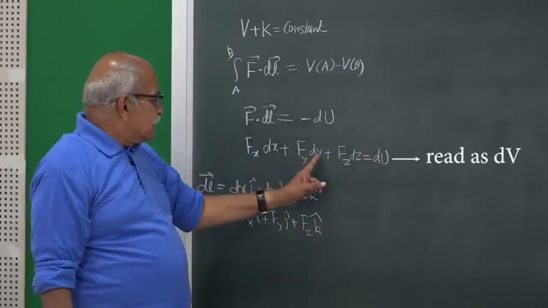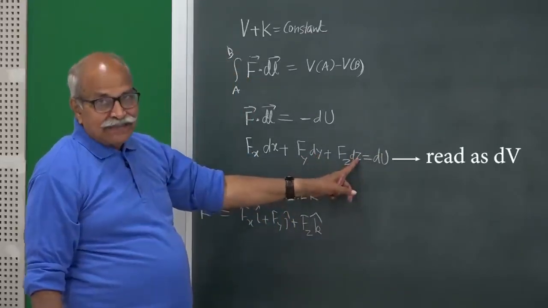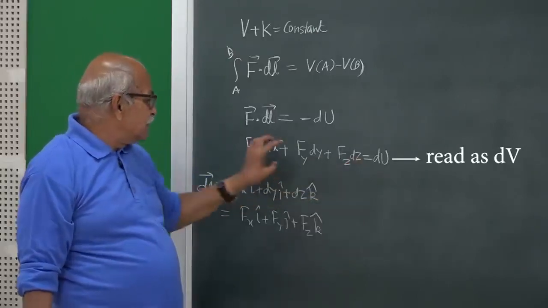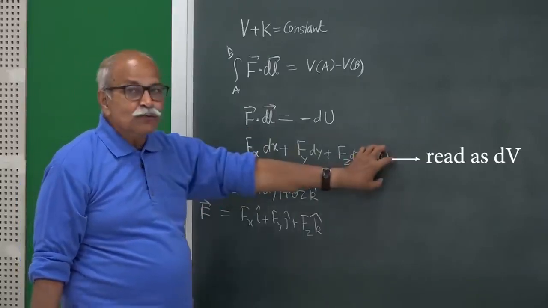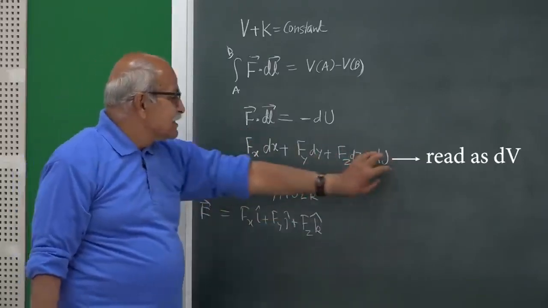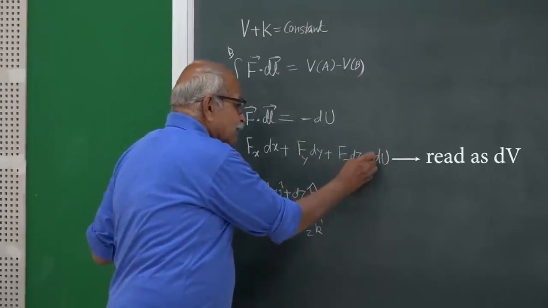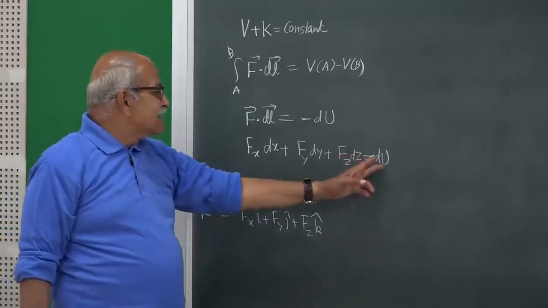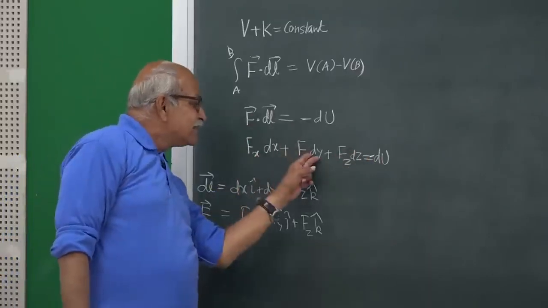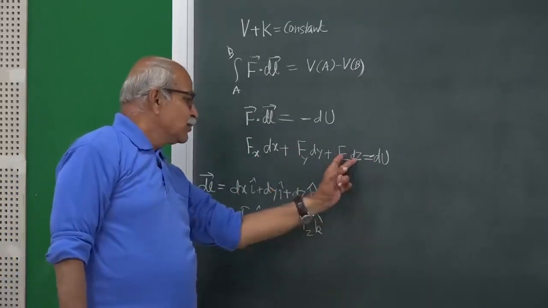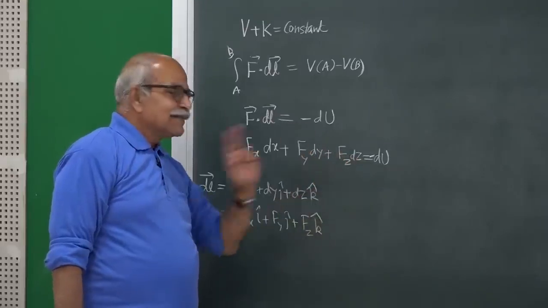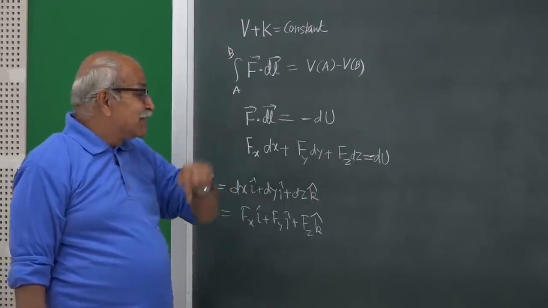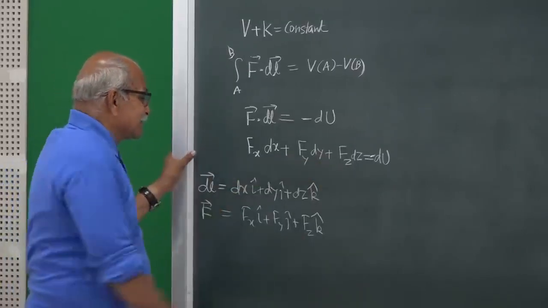Now, if you take y and z as constant, which do not change, only x changes, then you have Fx dx is equal to dV. That means Fx is minus dV by dx, because of this minus here. Fx is minus dV dx, provided dy is 0, provided dz is 0, y is constant, z is constant, and that is the partial derivative of V with respect to x.